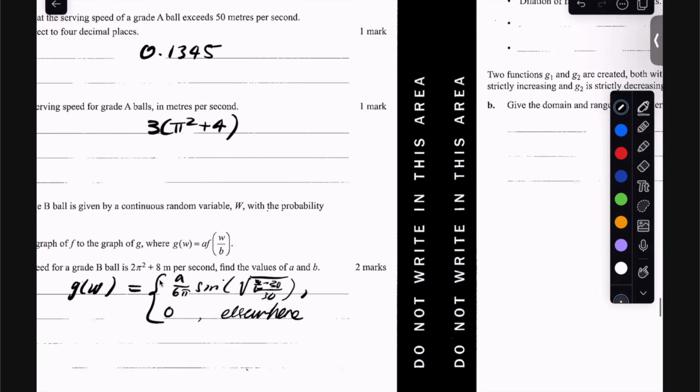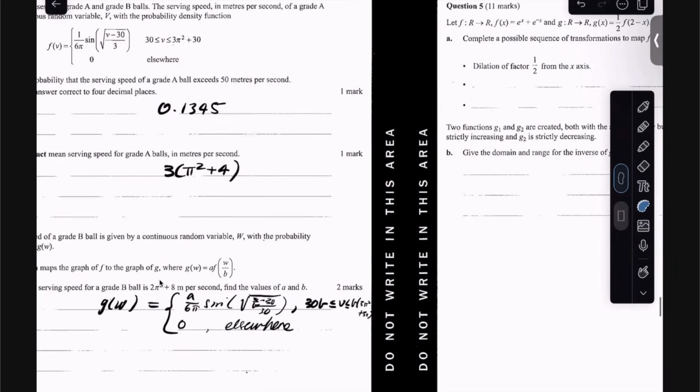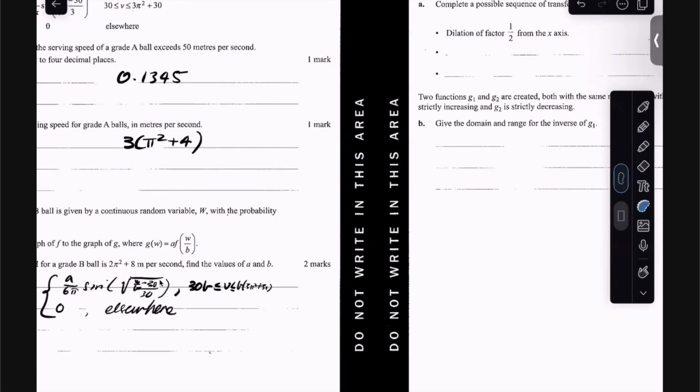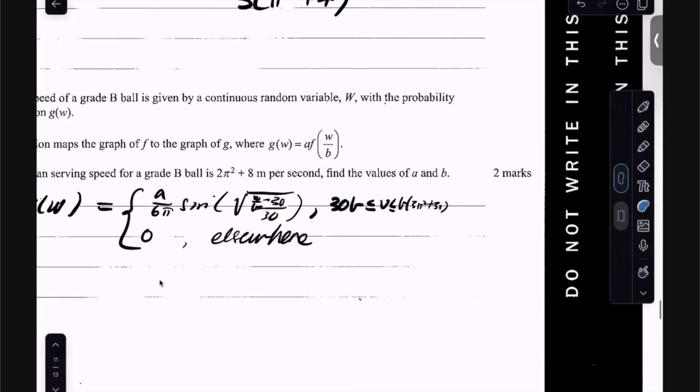So that means we've got 30b is less than or equal to w, which is less than or equal to b times (3 pi squared plus 30). Sorry about that. I'll just move everything.